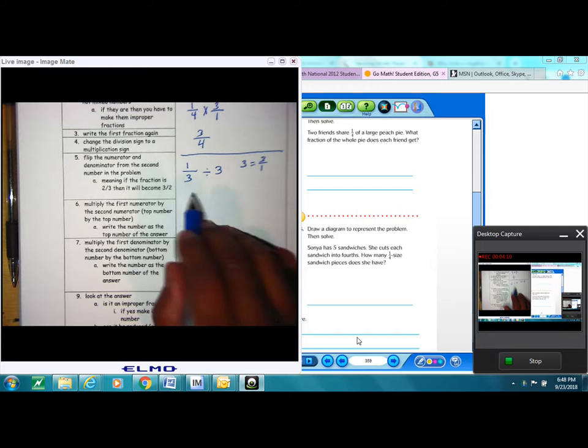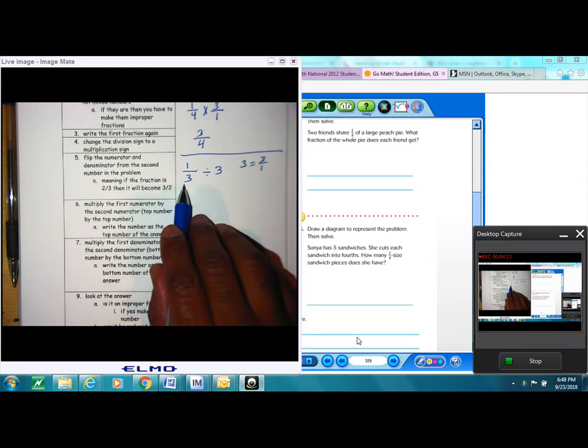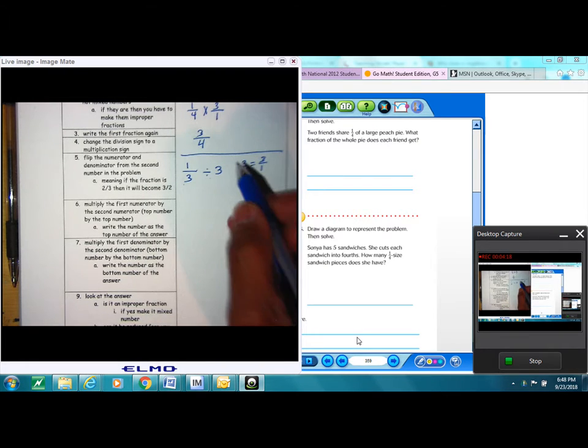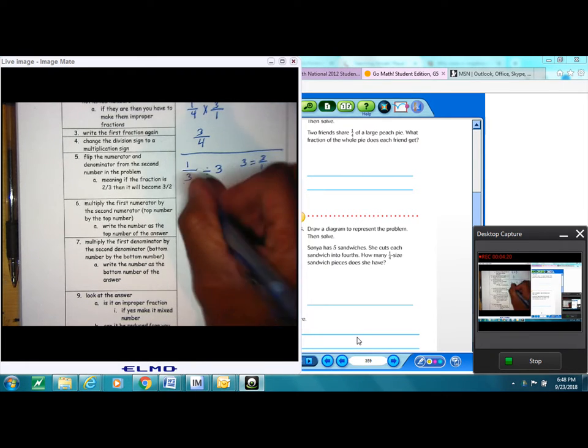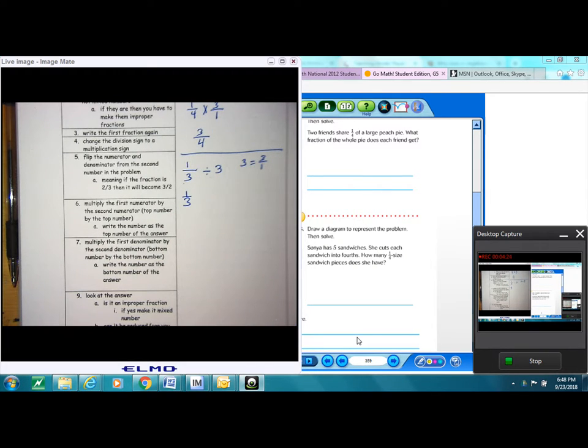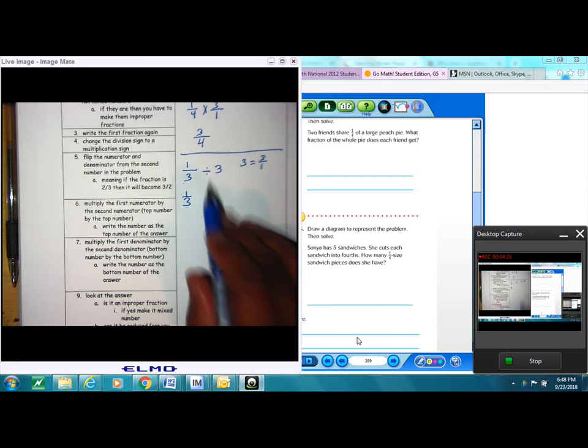So we're just going to work through these things. It says copy the problem. That was the first step. I did that. Make sure that these are not mixed numbers. They are not. The next step says write the first fraction again. I did that. The next step after that says change the division sign to a multiplication sign.